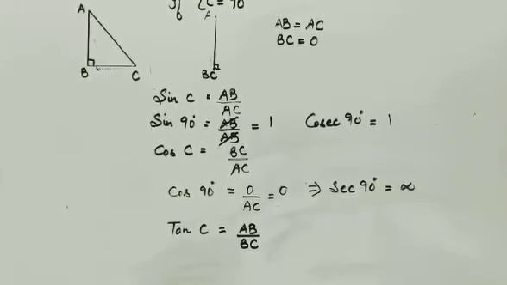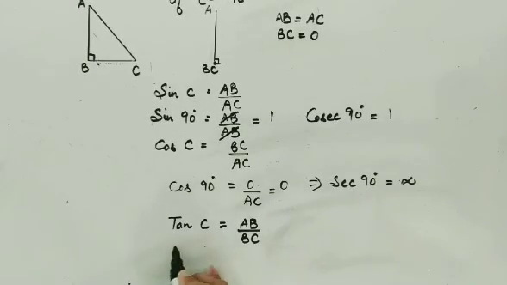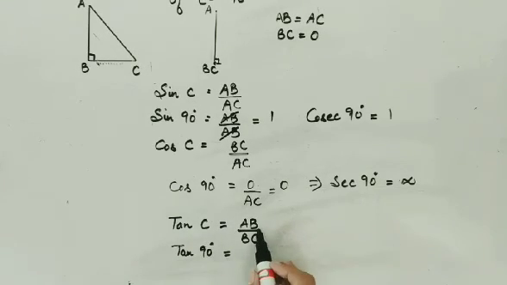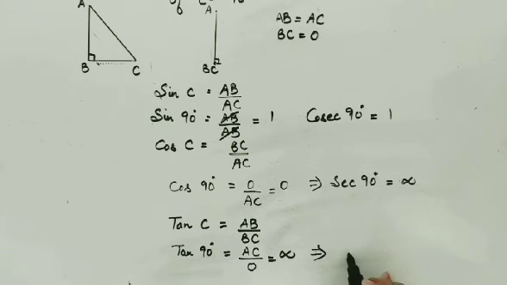So tan 90, put the value AB. AB is equal to AC. But BC is 0. Anything by 0 is not defined. So if tan 90 is not defined, what would be its reciprocal? Cot 90. What would be 1 by not defined? That's equal to 0.